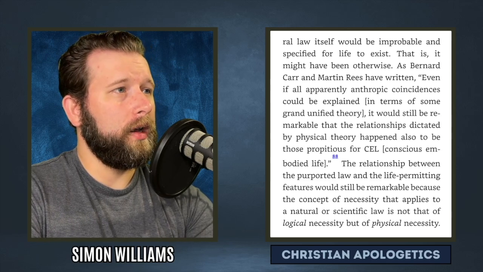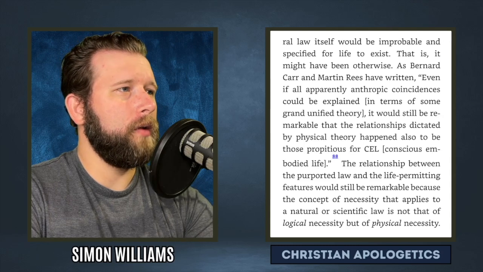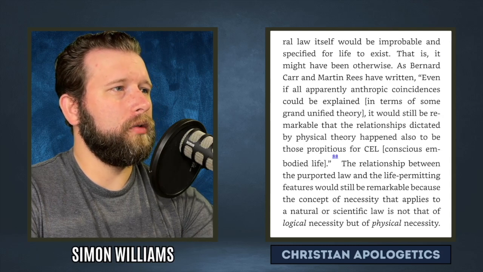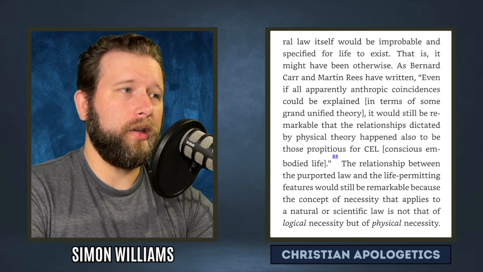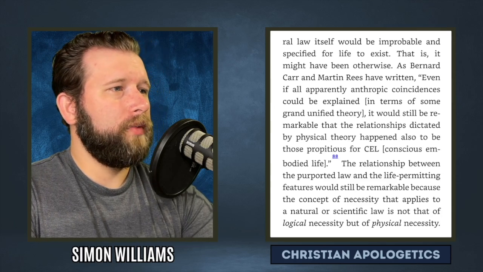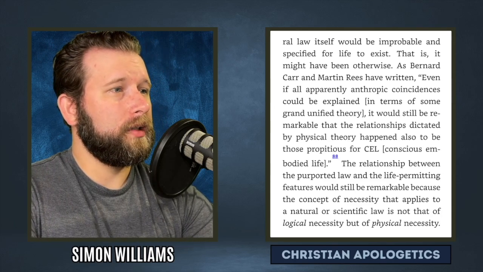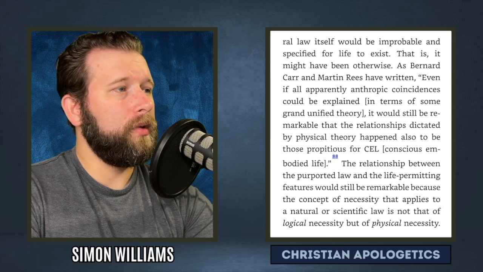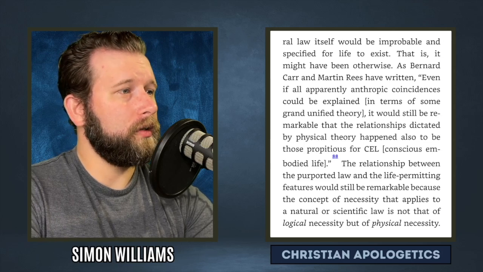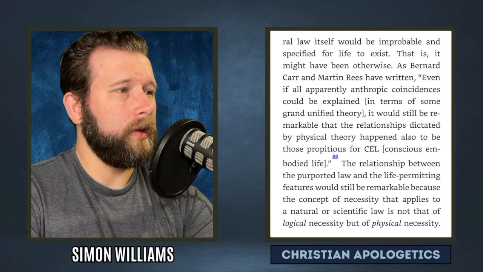As Bernard Carr and Martin Rees have written, even if all apparently anthropic coincidences could be explained in terms of some grand unified theory, it would still be remarkable that the relationships dictated by physical theory happened also to be propitious for CEL, conscious embodied life.